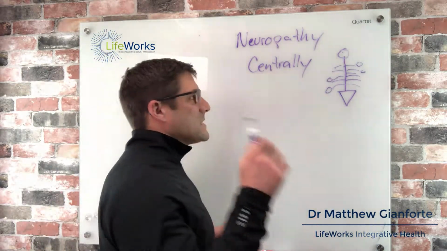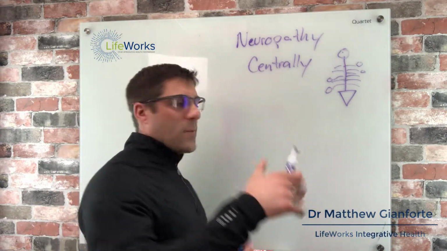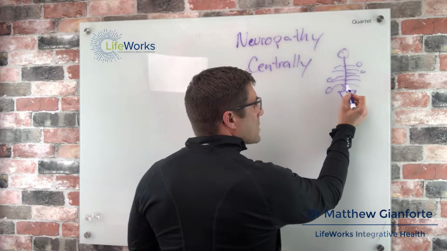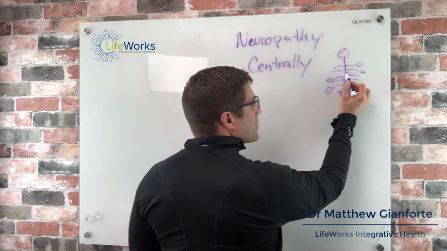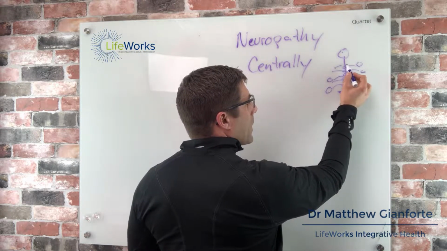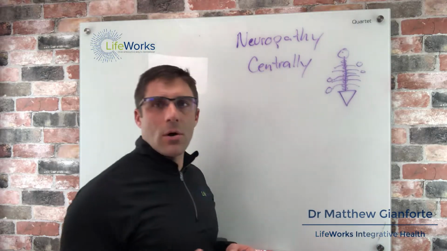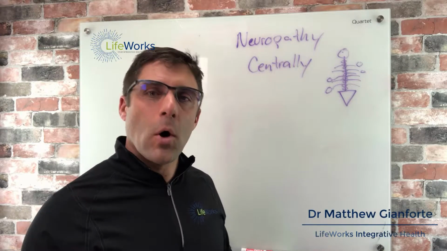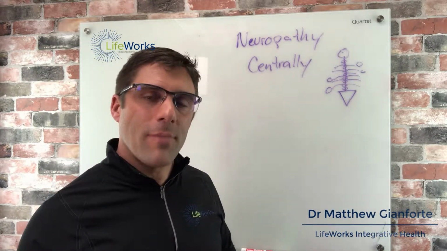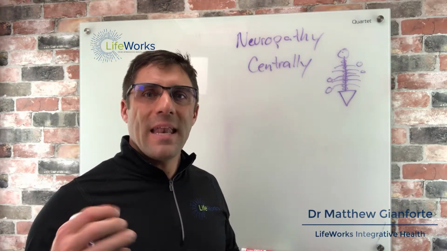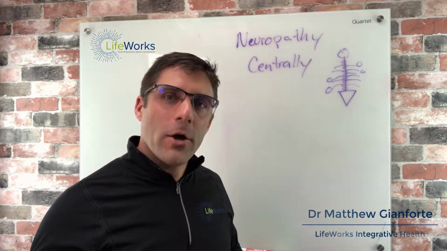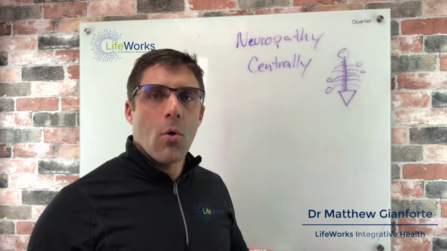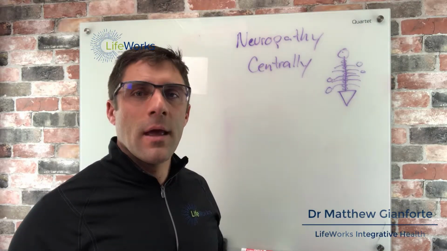Now, a centrally mediated neuropathy is going to come from damage centrally within the body, or that spinal cord or spinal column. This could be a result of a herniated disc, stenosis, a bulging disc, osteoarthritis of the bones, anything happening with the spinal column itself is going to be more centrally mediated, or also known as a radiculopathy.